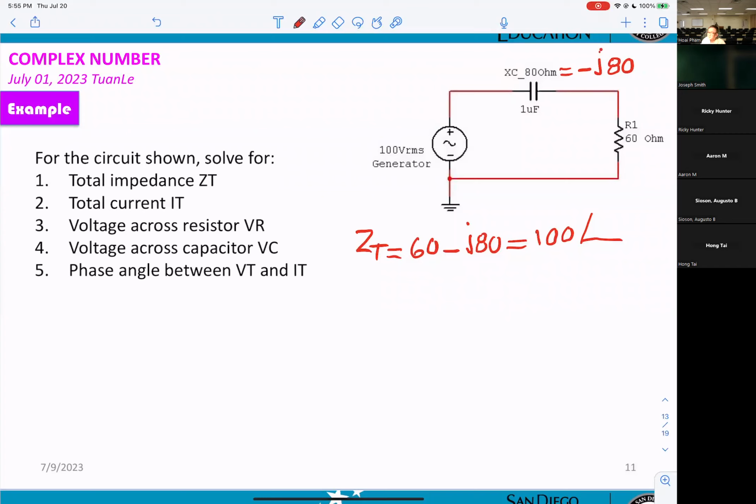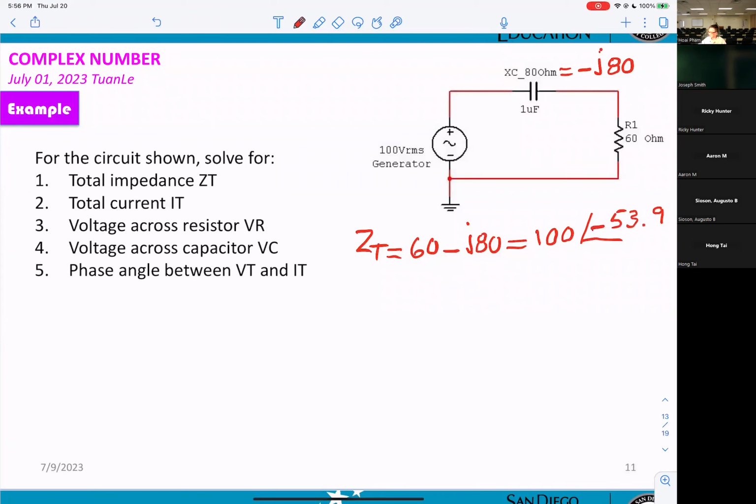Do you get negative 53.1? I got 53.1. That's okay.